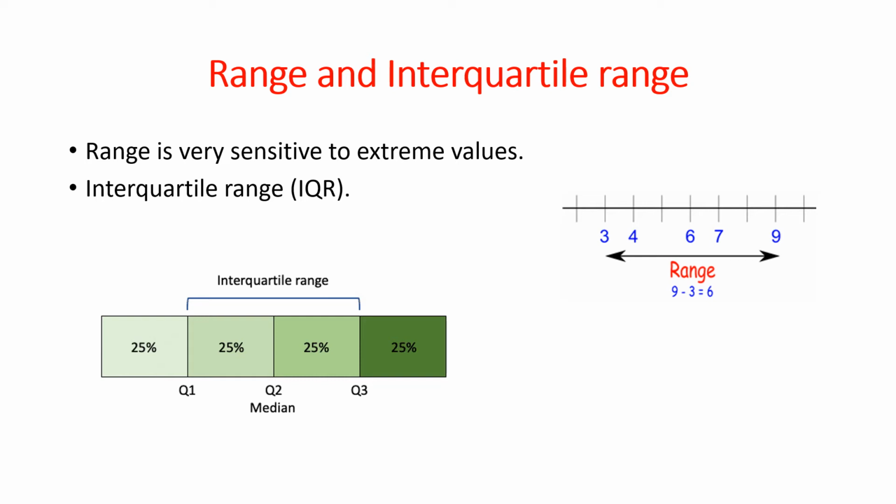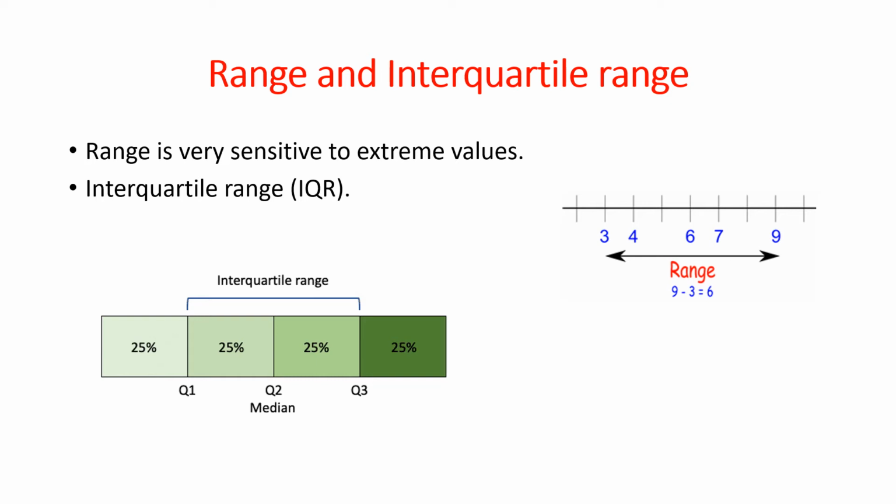They came up with another concept, which is called interquartile range. They divided the whole distribution into four quarters and called each of them a quartile. And then in order to address the outlier problem, the extreme values problem, they only focus on the two quartiles in between.